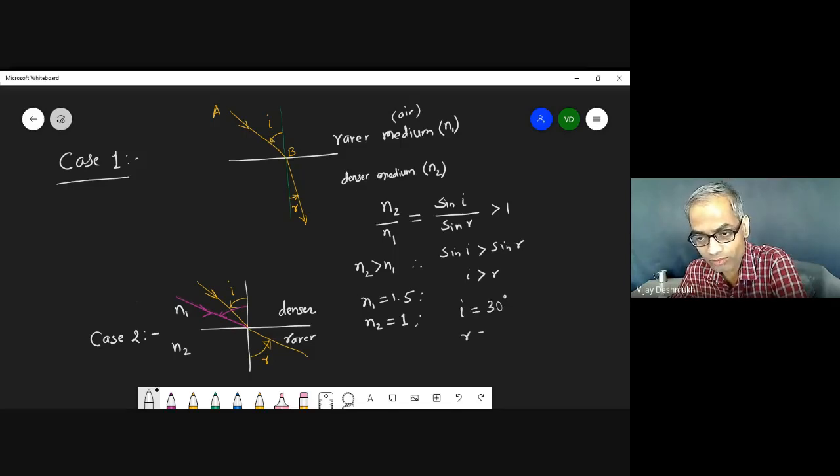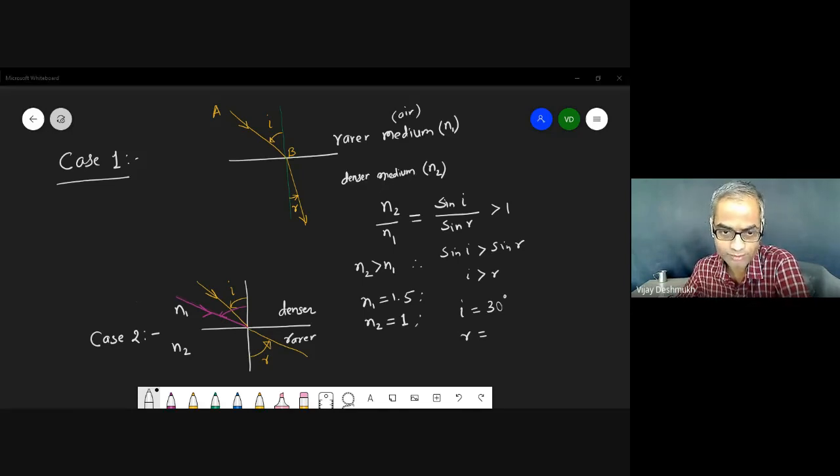So what will be the angle of refraction? Just calculate and drop the message here.